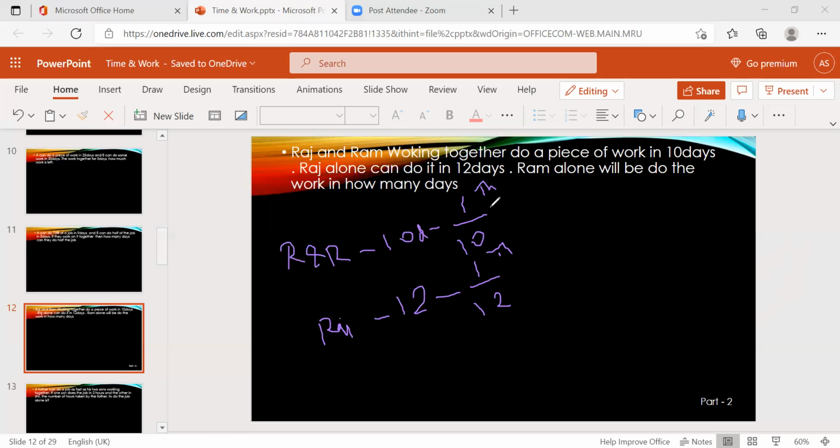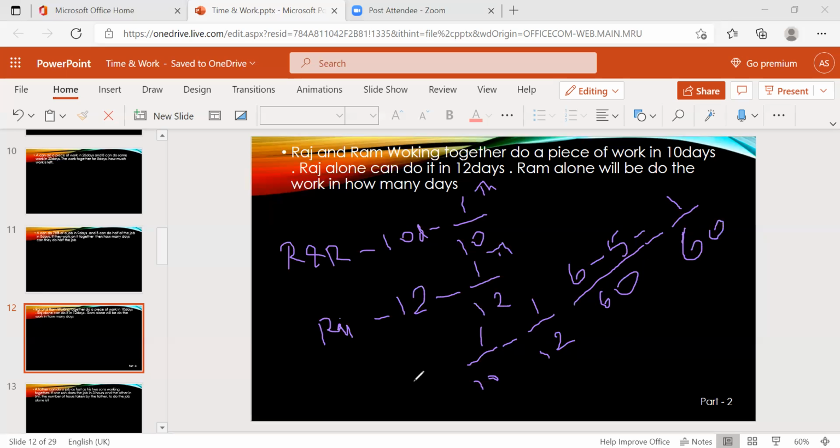So if Raj and Ram together is 1 by 10 and Raj alone is 1 by 12, then what does that mean? Just subtract these two: 1 by 10 minus 1 by 12. The LCM is nothing but 60, so it is 6 units minus 5 units, and it is nothing but 1 by 60.